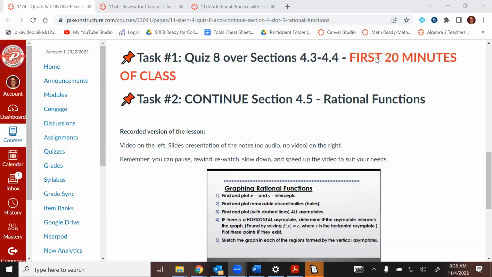And again, when we're talking about top heavy and bottom heavy and all of that, that is when it is in quotient form. When I'm in quotient form, so f of x equals p of x over q of x.